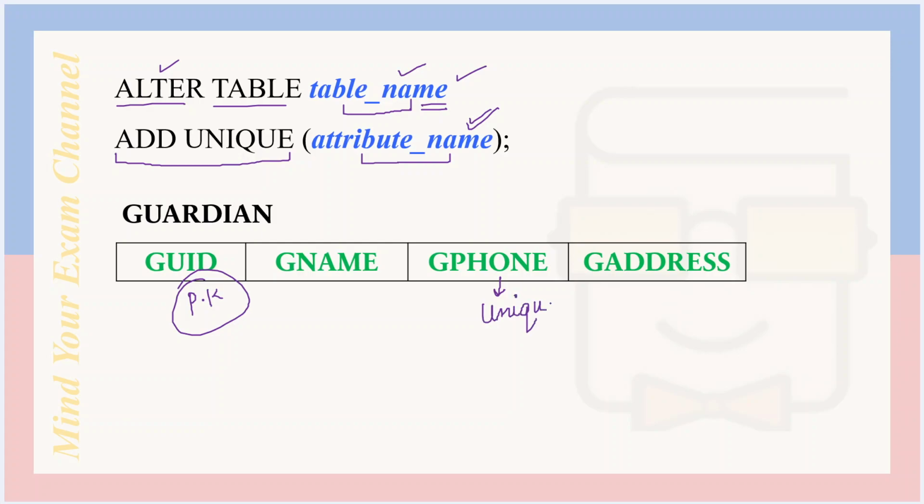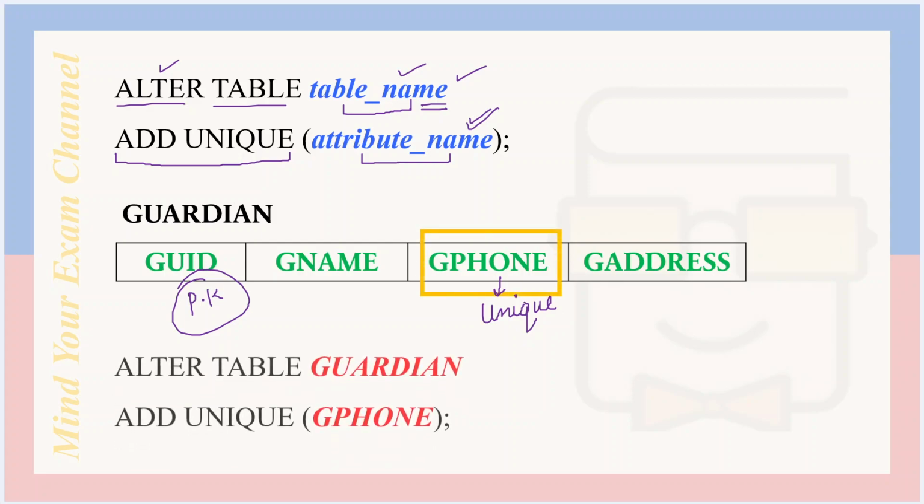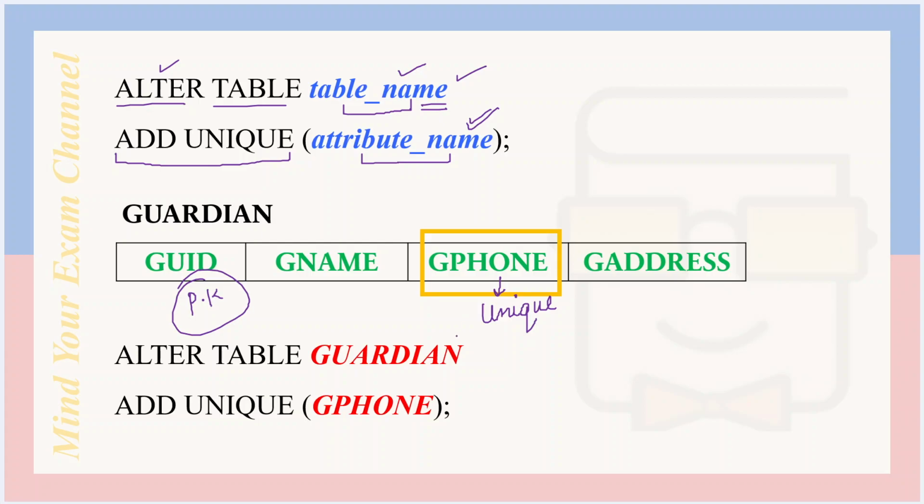That means we want the phone number values of the guardians to be unique for every student. So how will we do that? We will apply the above command: alter table, the table name which is the guardian table, and add unique constraint to this particular attribute of the guardian table.